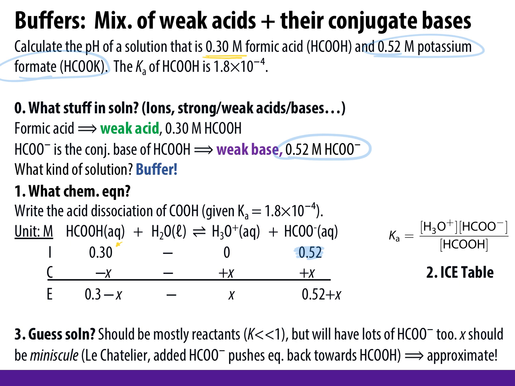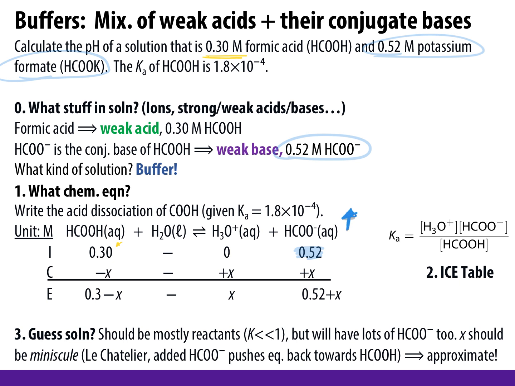When we think about the method we would want to use to solve, in general, since Ka is small, this reaction lies further to the left. In this case, because of the added products, if we think about a Le Chatelier argument, we added, compared to just dissolving the weak acid in water, a bunch of the conjugate base here, HCOO minus.